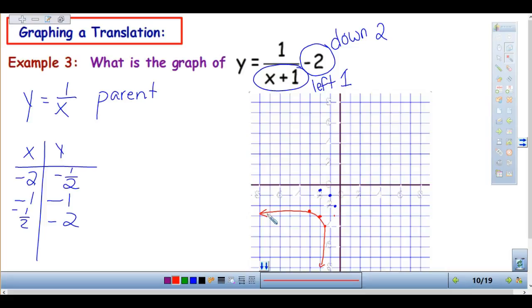Then you knew, okay, this is left and down, so I had to move this left and down too. So now I'm here, and then I drew my V from there. Okay, so same idea. We got to take those points we know and then move them. Question?